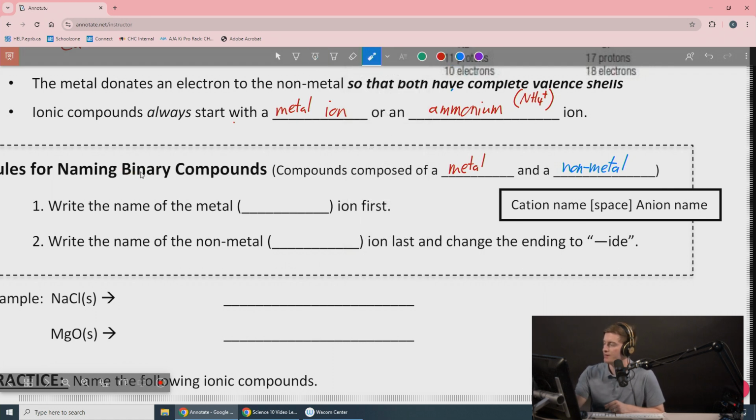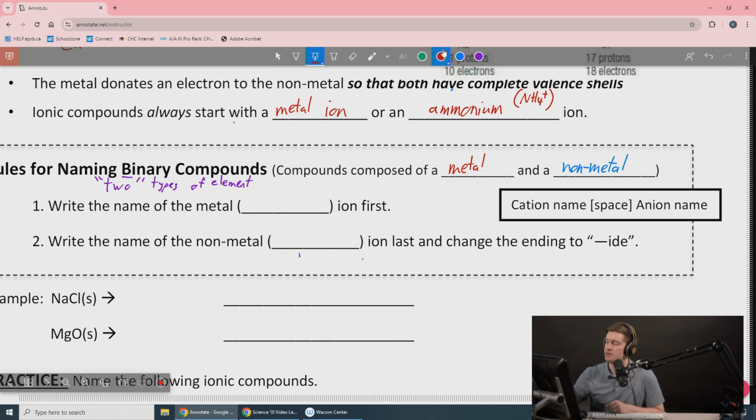This prefix bi means 2. So you're just going to have 2 types of elements. There'll be the metal and there'll be the non-metal.